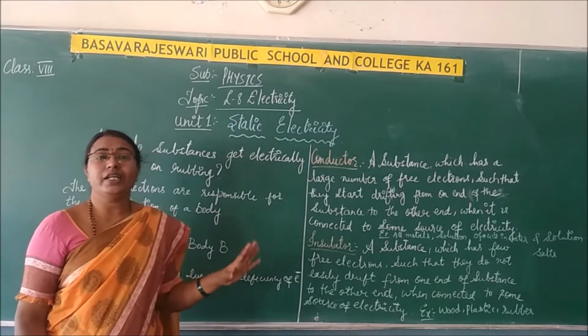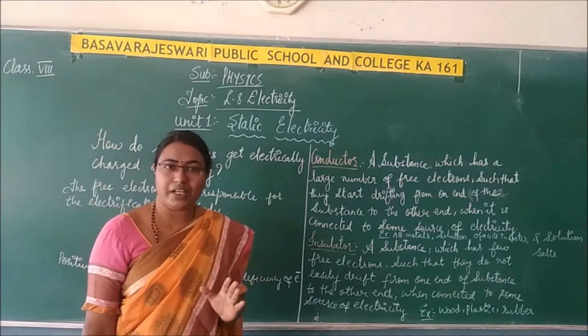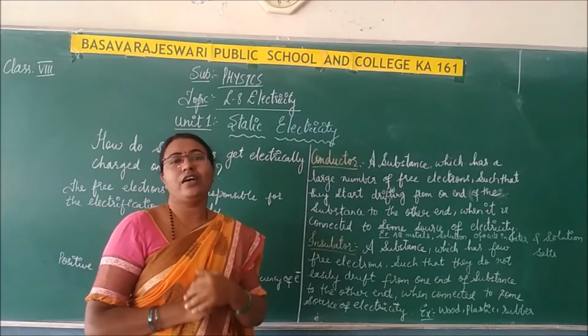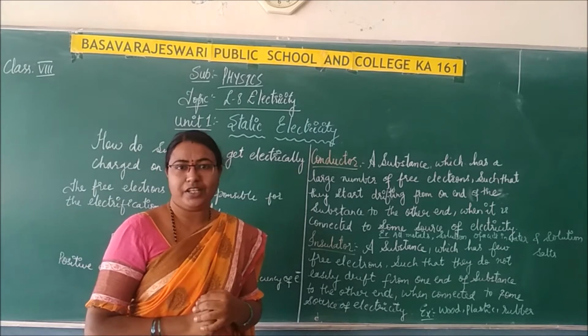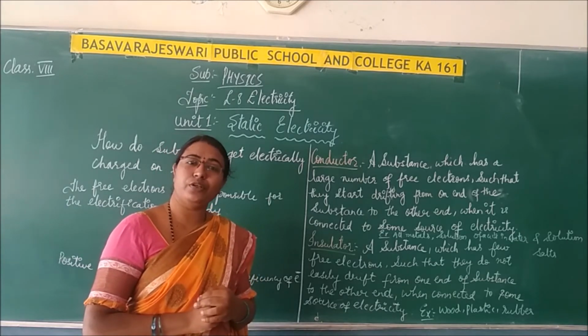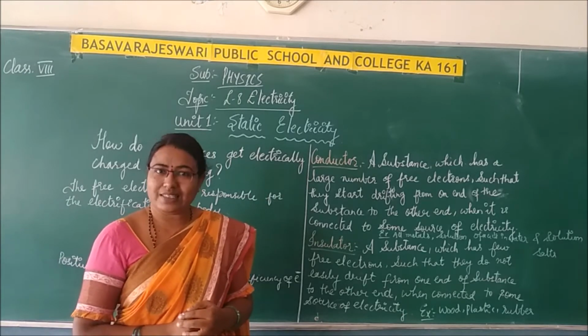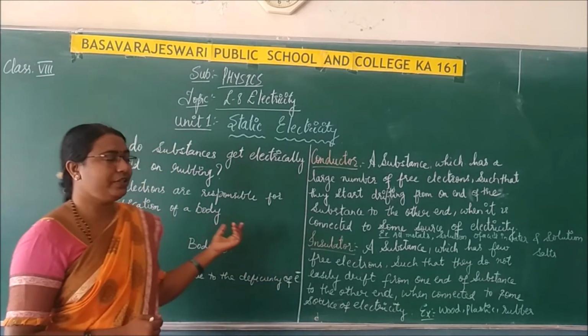Already I told you what are called free electrons. Free electrons are the electrons which are present in the outermost orbit of an atom, right? The force of attraction is very less, so they are called free electrons.